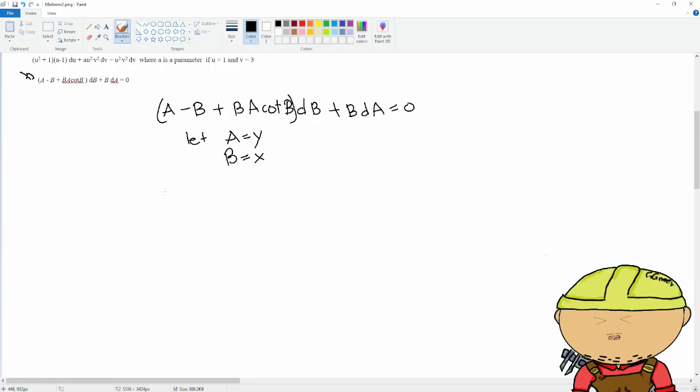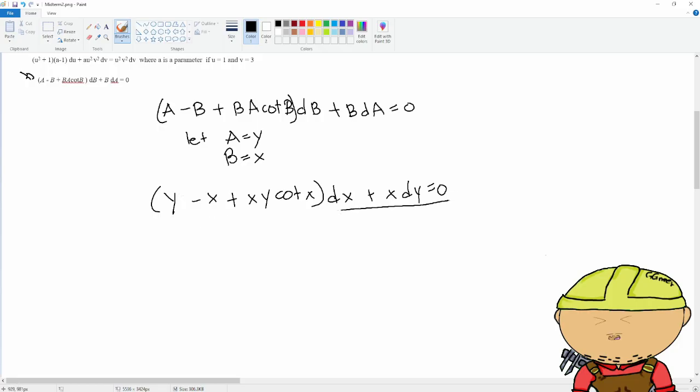Alright, so this will become y minus x plus xy cotangent x dx plus x dy, right? Right now, I'm seeing linearities, right?